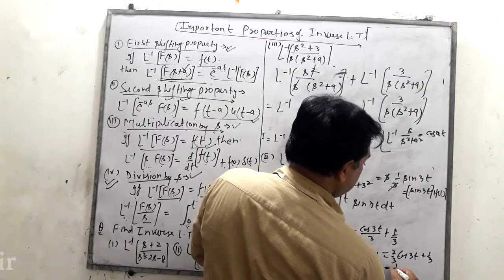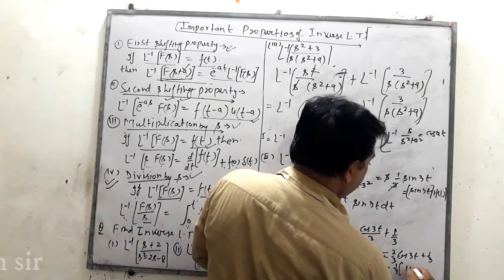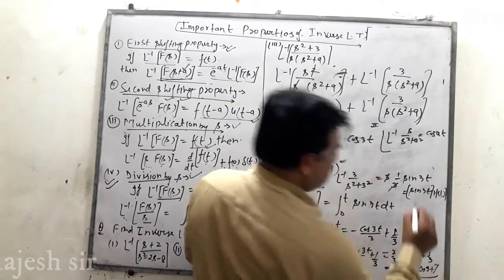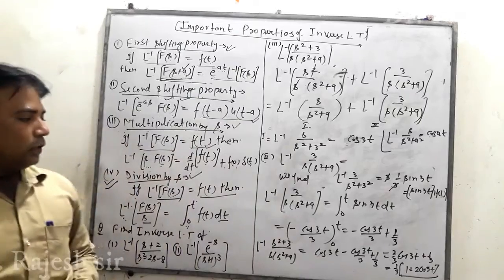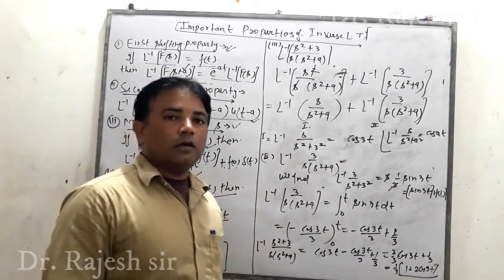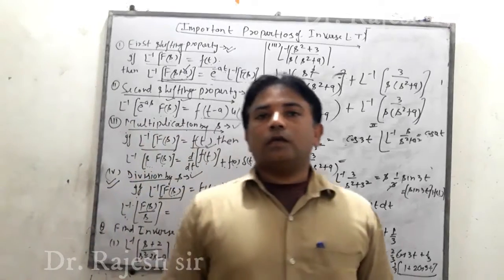Taking 1 by 3 common, we get 1 by 3 times 1 plus 2 cos 3t. This is the answer of this question. Most important question of the inverse Laplace transform.